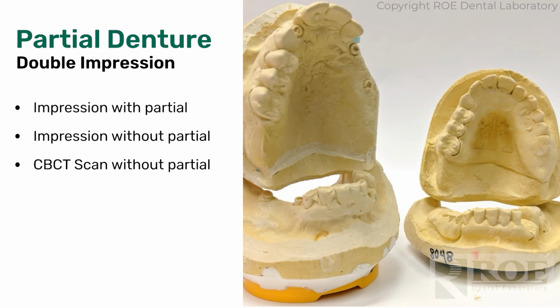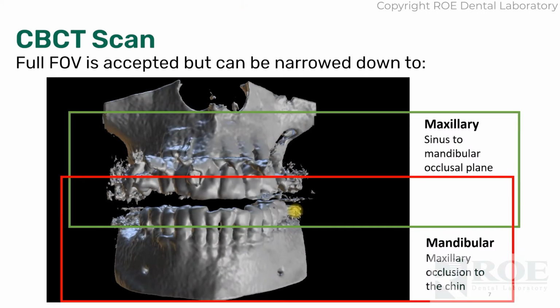If the opposing dentate arch has a partial, then just one impression of that, so that we have the opposing full dentition to get the bite. And then the CBCT scan that you capture is without the appliances in the mouth. Very important that they need to be out. So those are the physical records.